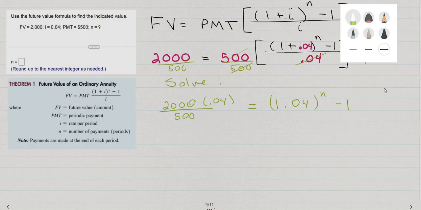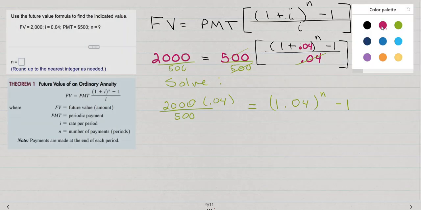Do you see what we could do next? The next step is going to be to add 1 to both sides.